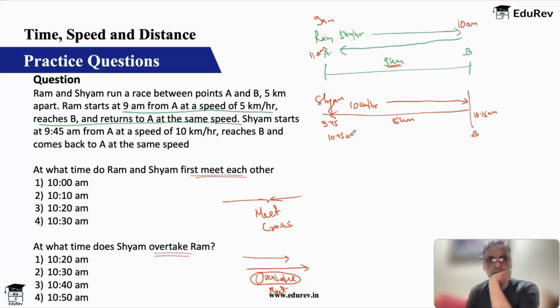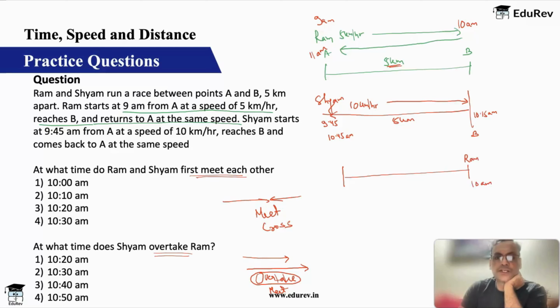So now look at the scenario. Let's look at 10 o'clock. At 10 o'clock, where are Ram and Shyam? Ram is here, at 10 a.m. Shyam has already started running at 9:45, so he's run for 15 minutes, that is 1/4. In 1 hour, he does 10 kilometers.